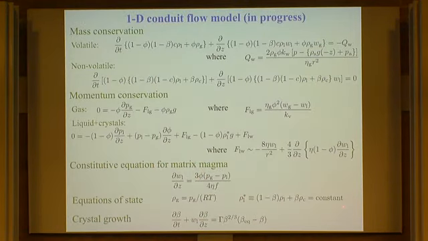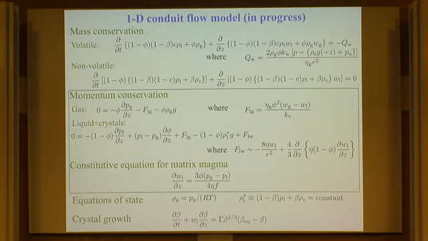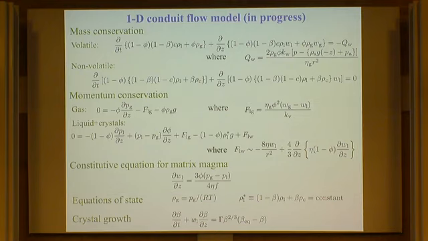Then this is the governing equation, which looks very busy, but maybe many people are already familiar with it, because it is quite similar to the equation of melting mantle. So this is mass conservation of volatile and non-volatile, and the momentum conservation of gas and liquid, and this is constituted by the equation for deformation of matrix magma, and this is the equation of state, and then this is crystal growth.